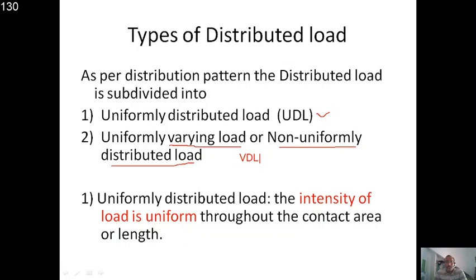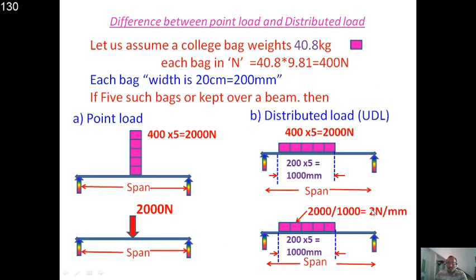So for a uniformly distributed load, the intensity of load is uniform. In the earlier case also, you see that the intensity of the load is 2 Newton per mm, uniform.